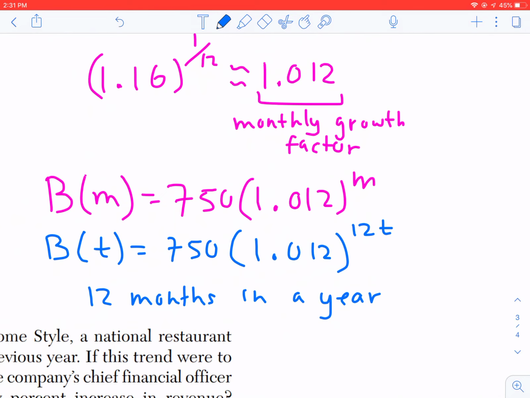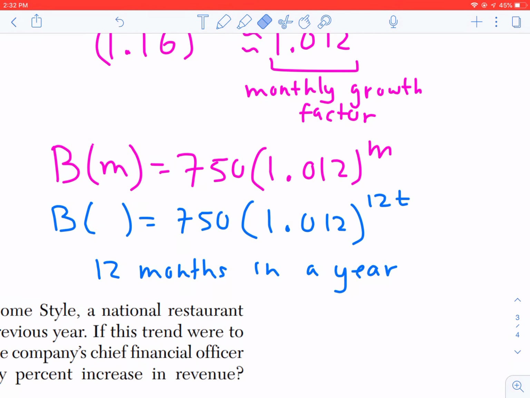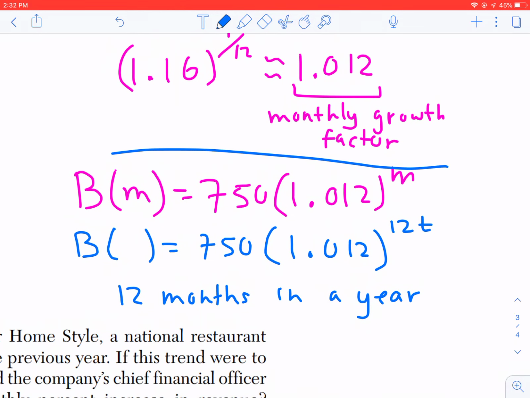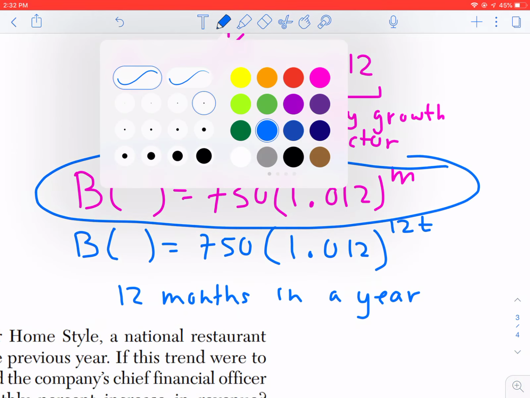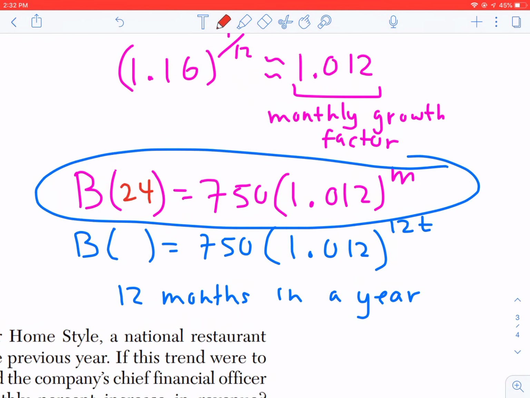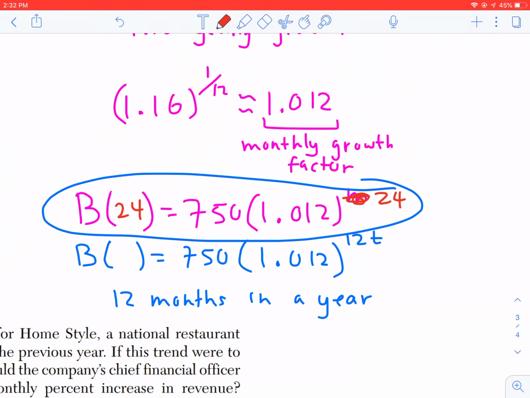All right, take a second and think about that. I know it's pretty confusing. All right, I'll do another example. If I want the number of blackbirds after 2 years, let's use this equation first. Wouldn't I plug in a 24? Right, because I know there are 24 months in 2 years. Right, and that'll give me the answer.